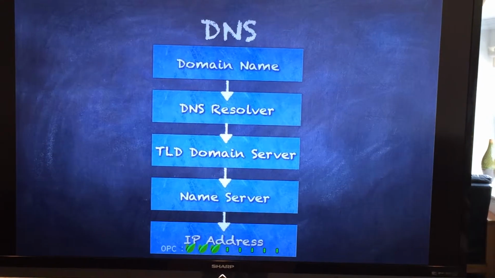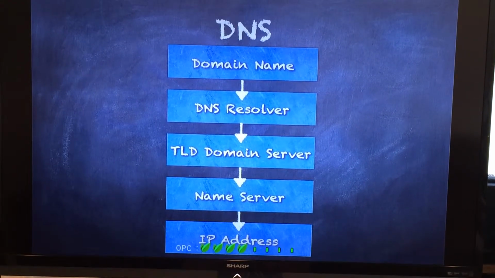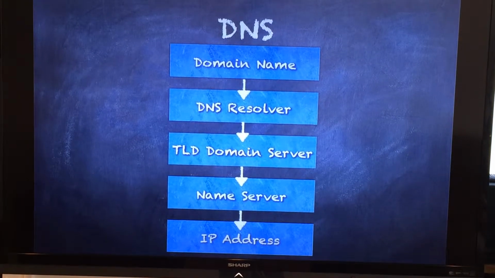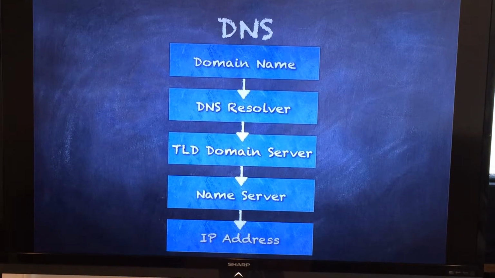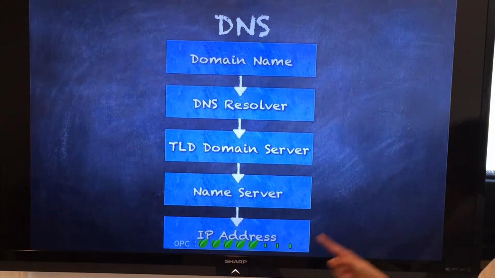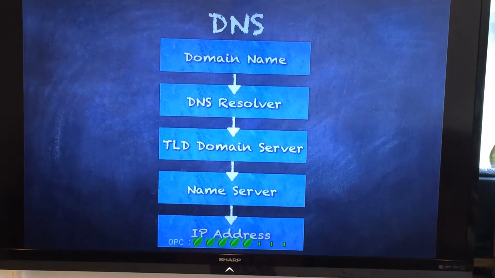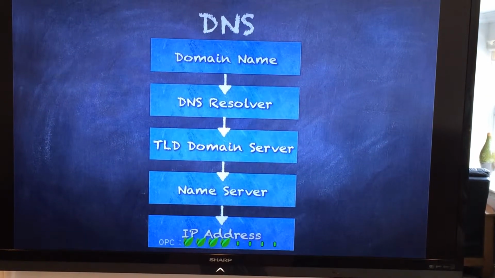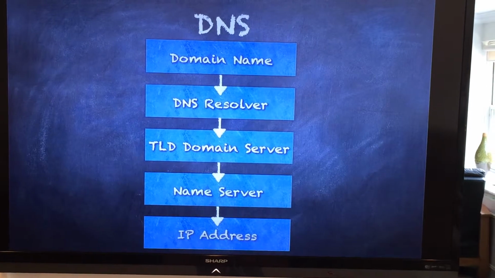Okay, so just to review exactly how the DNS or domain name system works, we have a pictorial representation. So how do we get from a domain name to an IP address? Let's go back to our example of nerdina.org. That would be our domain name.